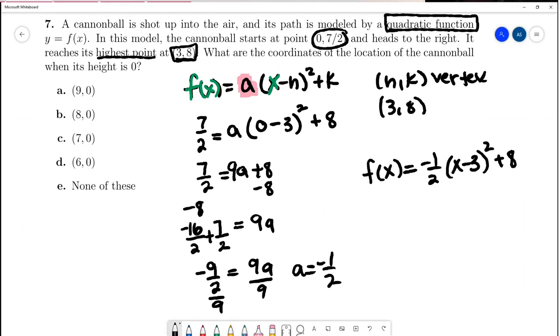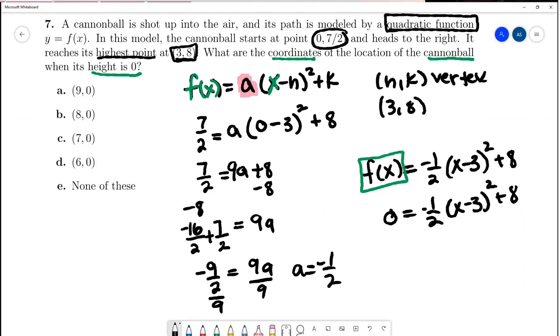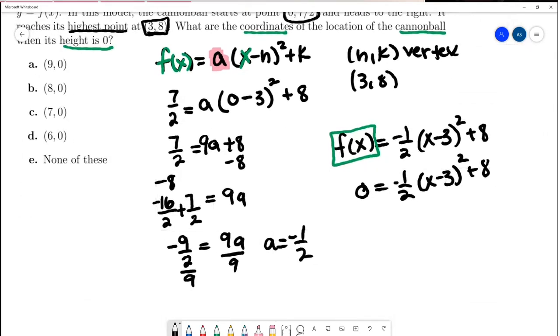plus 8. So we want to find out what are the coordinates when the cannonball has a height of 0. So that's height will be the y portion. I'm going to set this function equal to 0 and solve the equation. I'll subtract 8 on both sides.